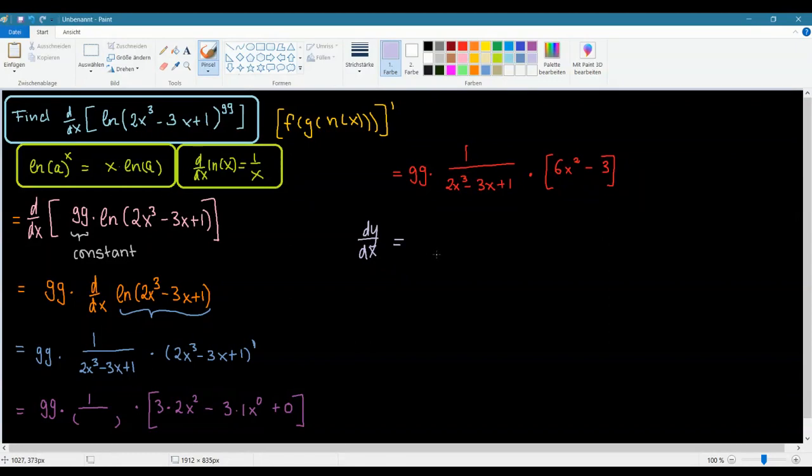We don't have ln of (2x cubed minus 3x plus 1) to the 99th equals 10. Then we would be using implicit differentiation. When we are just deriving something like this, we let it equal y, and we're deriving both sides because you're doing the same thing to both sides. And because you're deriving one side, you're deriving y as well. That makes perfect sense because dy over dx is the slope of the tangent line. So it's just a different way of writing that we're finding the derivative of y.